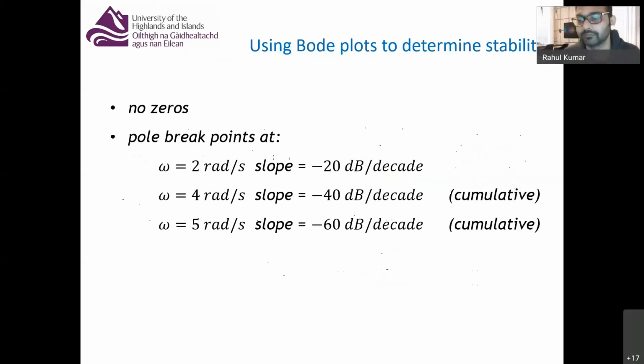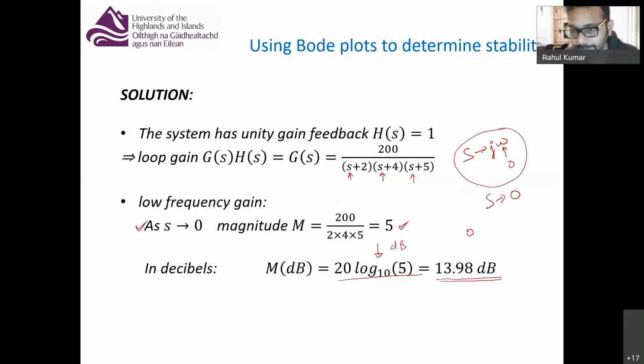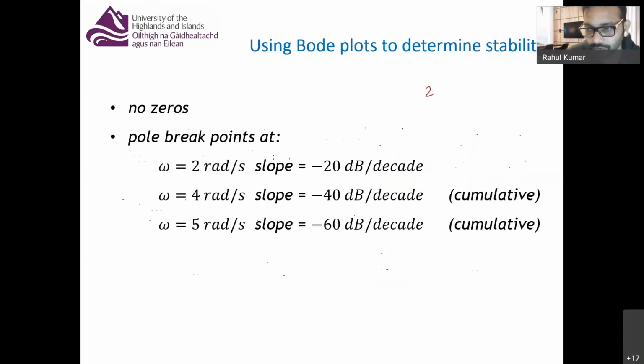Now the next step is to find the values of poles and zeros. So let me write down the transfer function for you. It is 200 divided by s plus 2, s plus 4, s plus 5. So this is my transfer function.